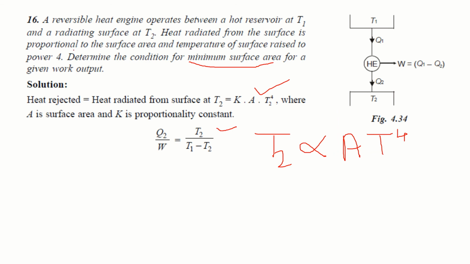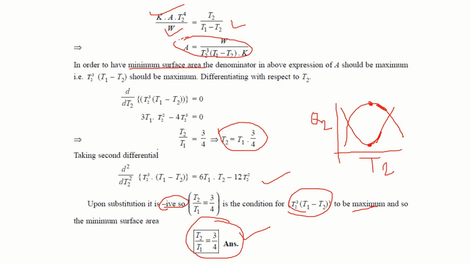Heat radiated from the surface is proportional to surface area and temperature of surface raised to power 4. Determine the condition for minimum surface area. For surface area to be minimum, this temperature difference ratio should be maximum.